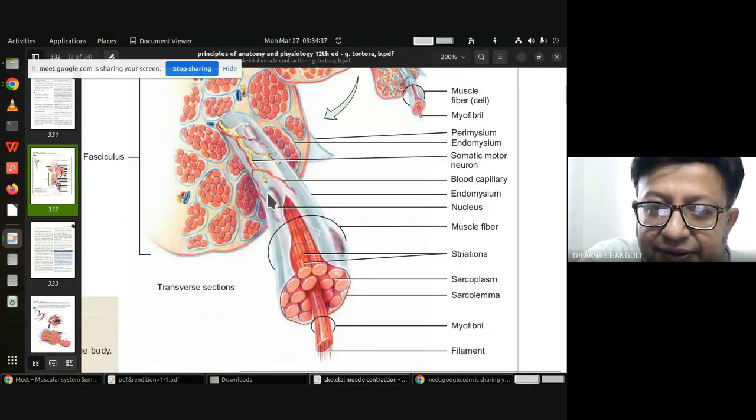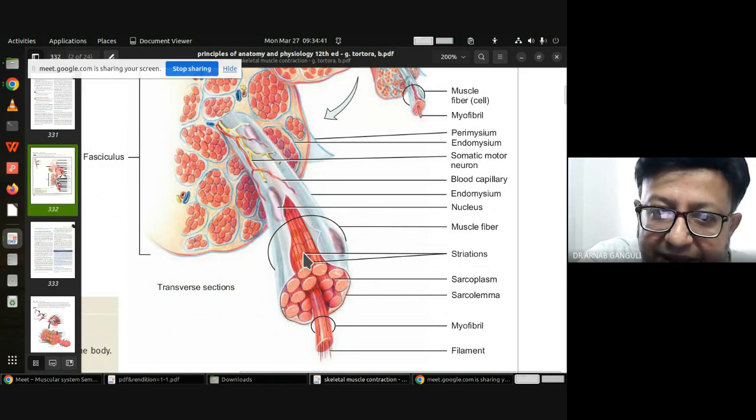Now we are increasing the structure of these things. This is the muscle cell, the nucleus is over here. You have these skeletal muscle cells where there are striations. So this is a muscle cell. Inside the muscle cell, you have muscle filament or muscle myofibril. The cytoplasm of the muscle cell is known as sarcoplasm.